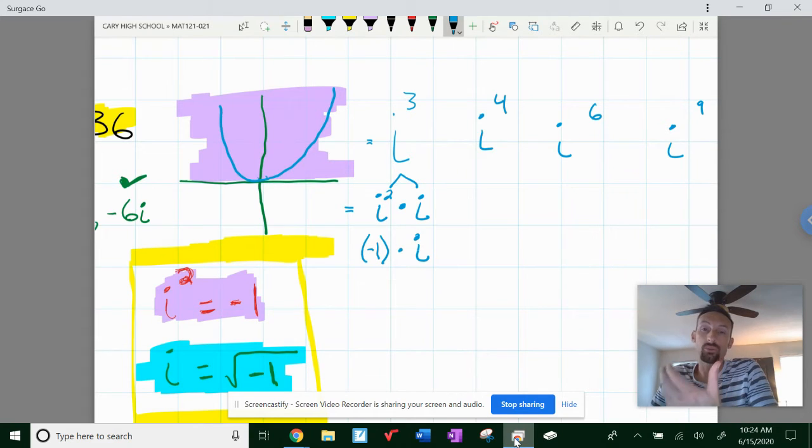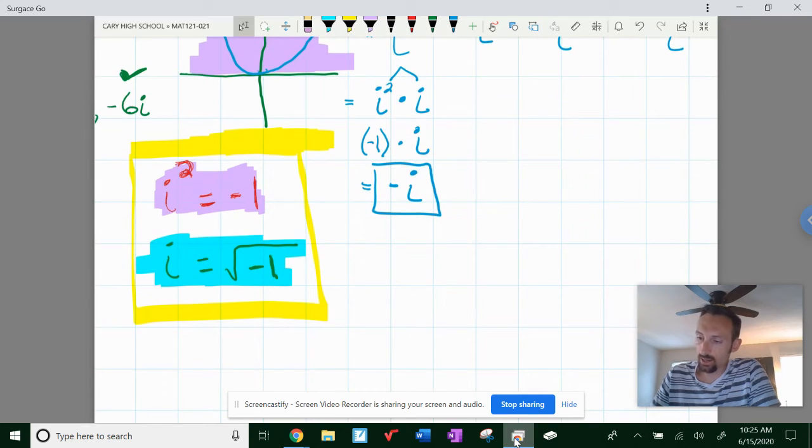It represents the radical or square root of negative 1. But this simplifies this expression into the opposite, or negative i. And so I now have this other property that I can add in here. I can now say, well, guess what? If I have i cubed, it's going to be negative i.